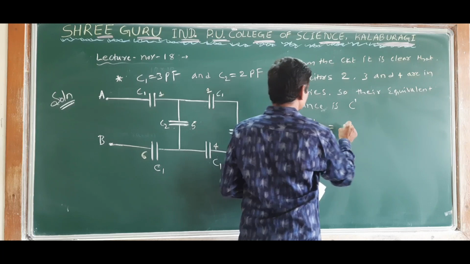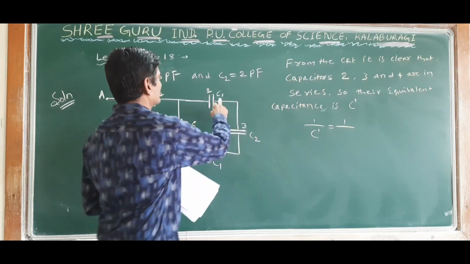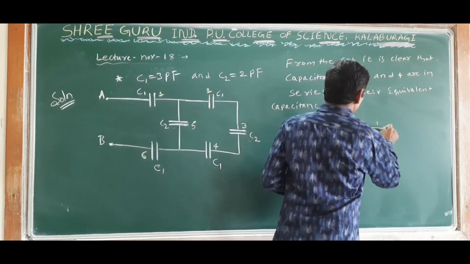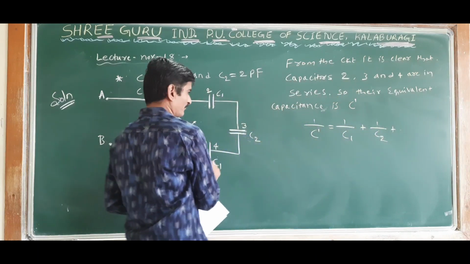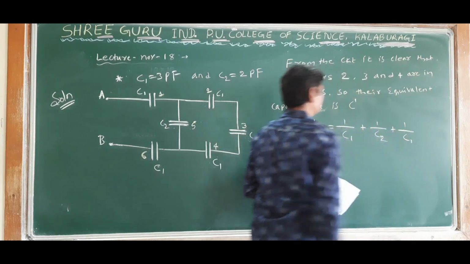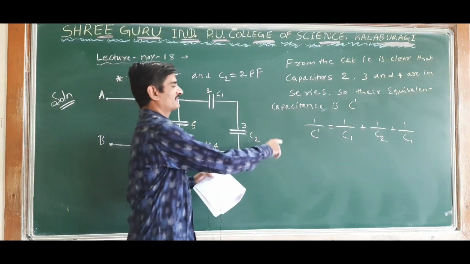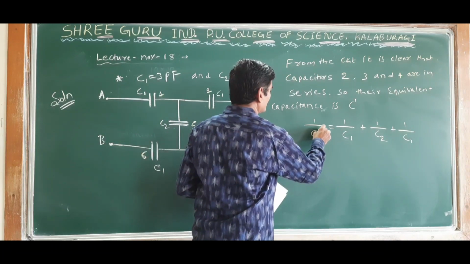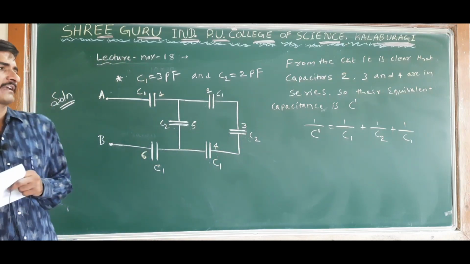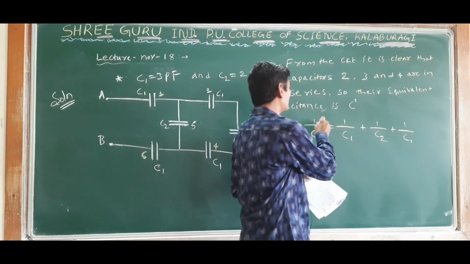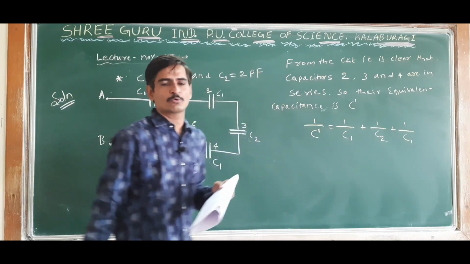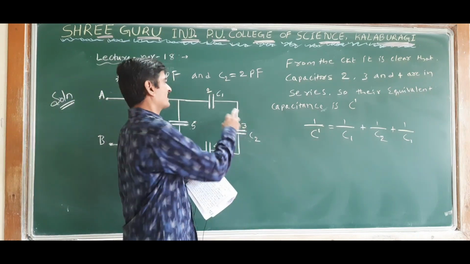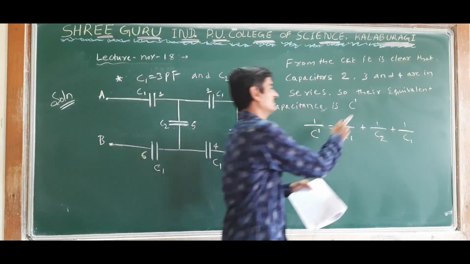So 1 by C dash is equal to 1 by C1 plus 1 by C2 plus, once again, 1 by C1. All these three capacitors become only one capacitor, C dash, because they are connected in series. The equivalent capacitance of a series combination is 1 by Cs equals 1 by C1 plus 1 by C2 plus 1 by C3, but here it is C1, C2 and C1.